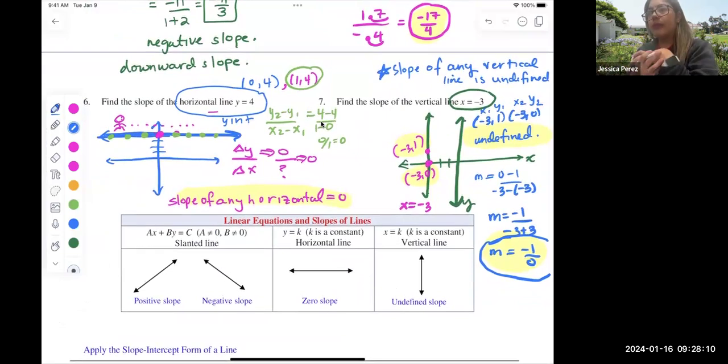We're going to do a compilation of the slope. If you have a positive slope, you're increasing, so I'm going upward. If you have a negative slope, you're going downward. And how do you know when to go up or down? You always read the graph from left to right.